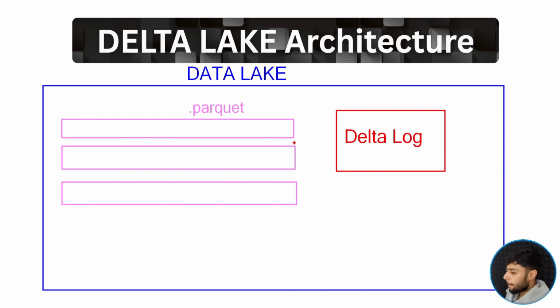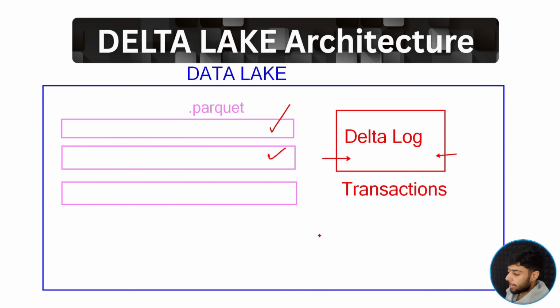Why? Because it takes care of all the transactions, everything. Let's say you added this data. It will save this information in the Delta log. If you update this data, it will save this information in the Delta log. If you delete this data, it will save this information in the Delta log.